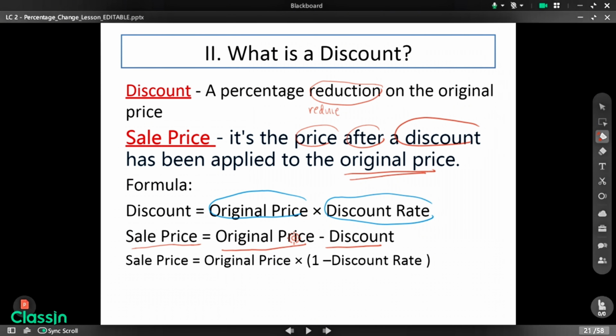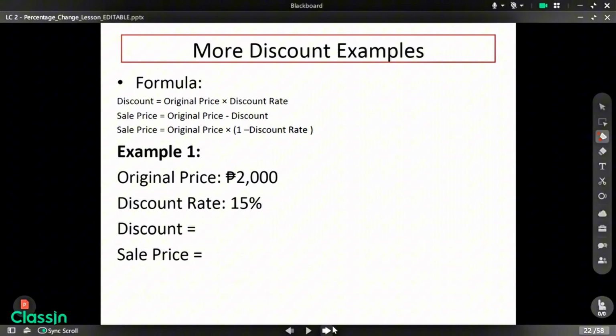Another formula that we can use is to multiply the original price by the difference of 1 minus the discount rate. The 1 is the 100%, or the original price, and we subtract the discount rate from the 100% so that we can get the sale price.